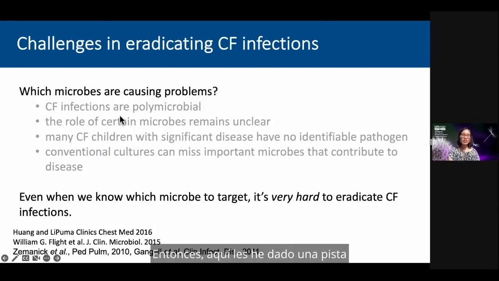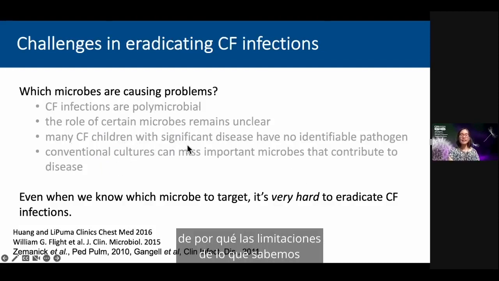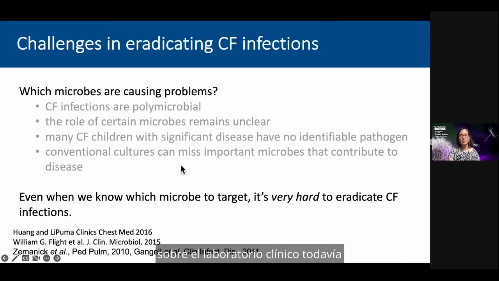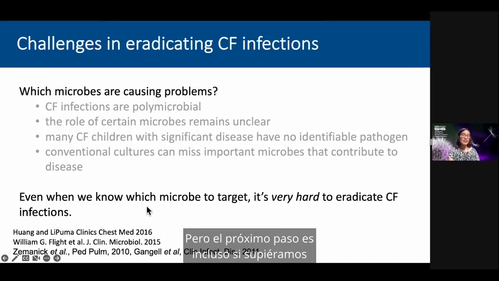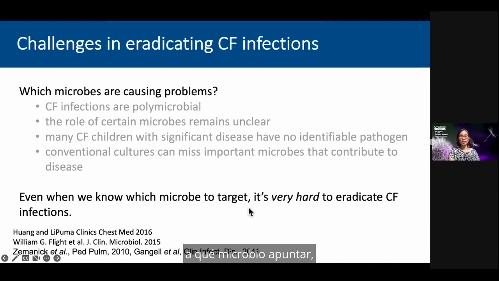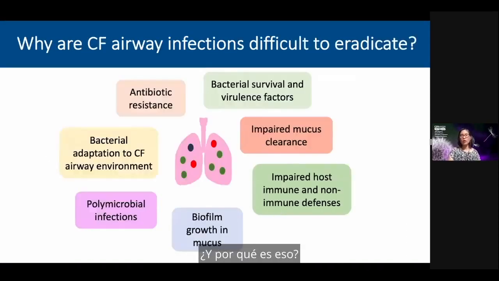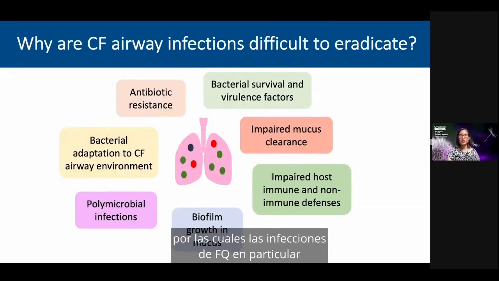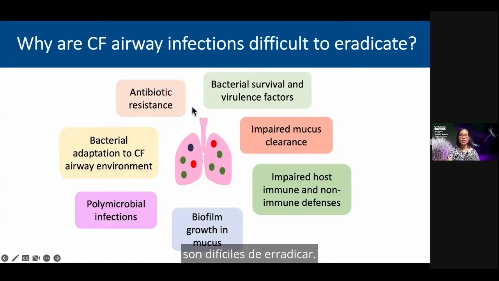So I've just given you a hint of the limitations of what we know from the clinical lab, and how this brings challenges. But the next step is, even if we knew which microbe to target, it's also very hard to eradicate CF infection. And why is that? Well, there are a multitude of reasons for which CF infections in particular are difficult to eradicate.